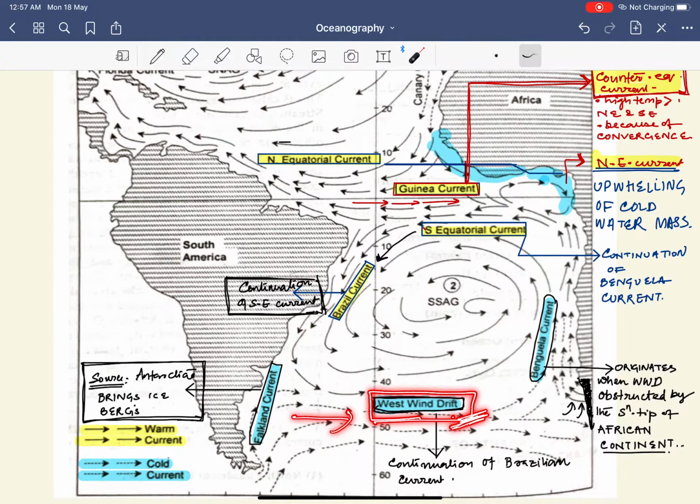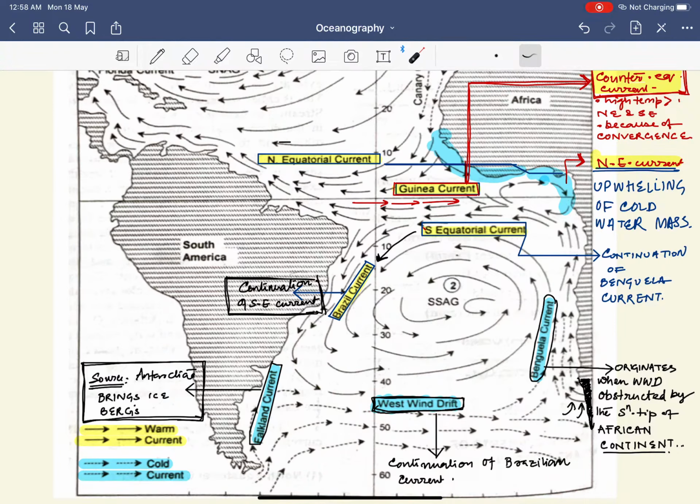The west wind drift is an extensive cold current moving from west to east without any blockage. It is extensive because in the southern ocean there is hardly any land barrier.